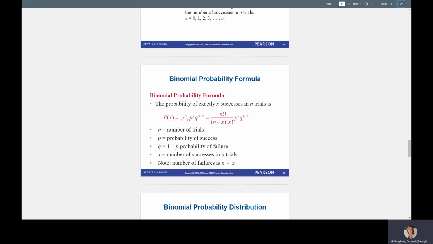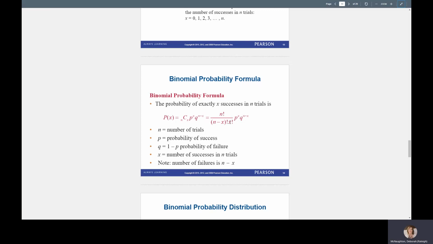This gives me 10, over 1 factorial, so that's just 10. 10 times P to the 1, Q to the 9. So this is 1 success, 9 failures, and 10 is the number of ways that that could happen.